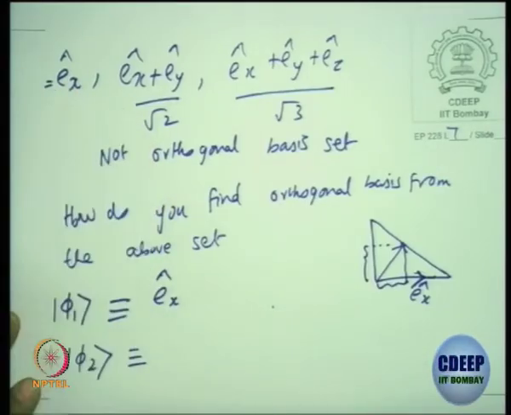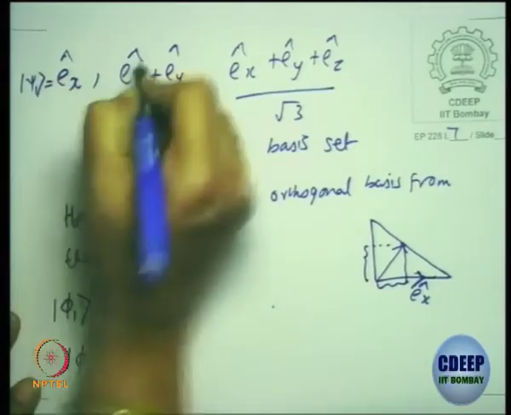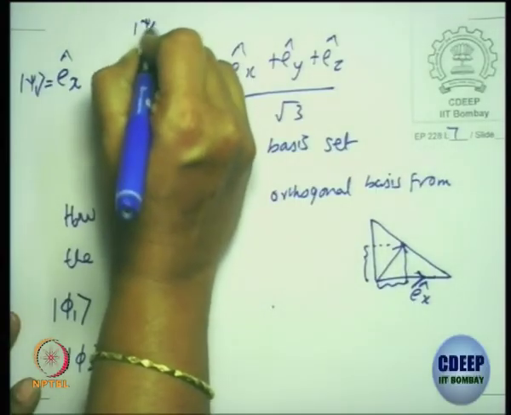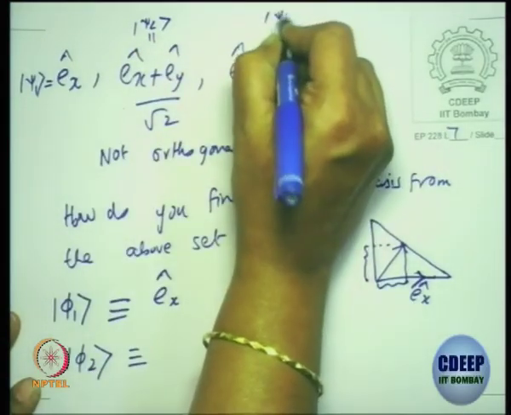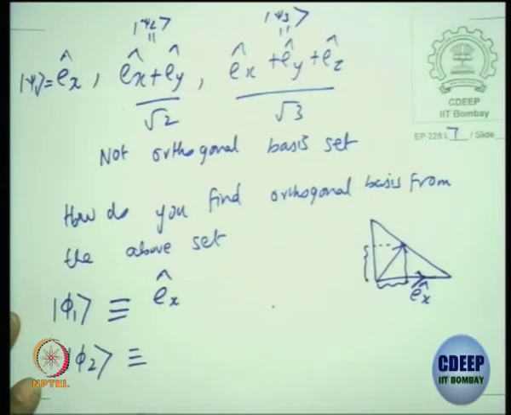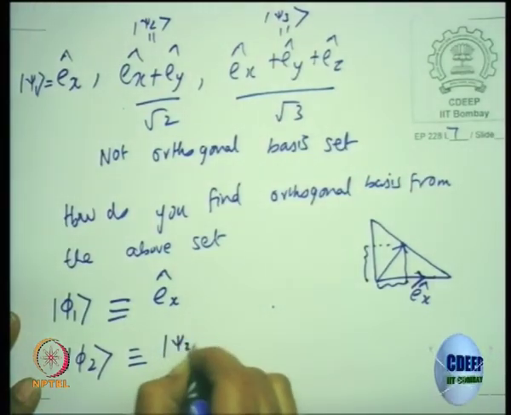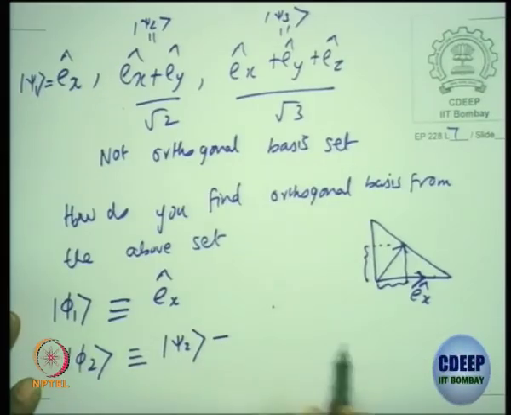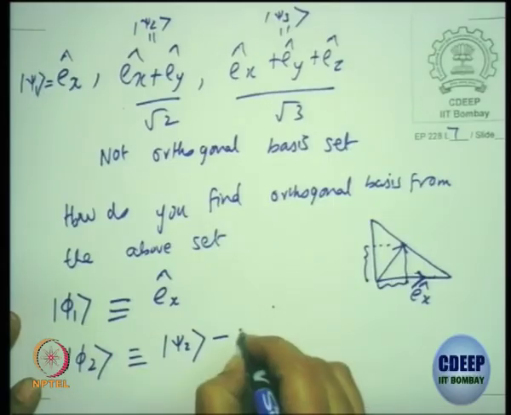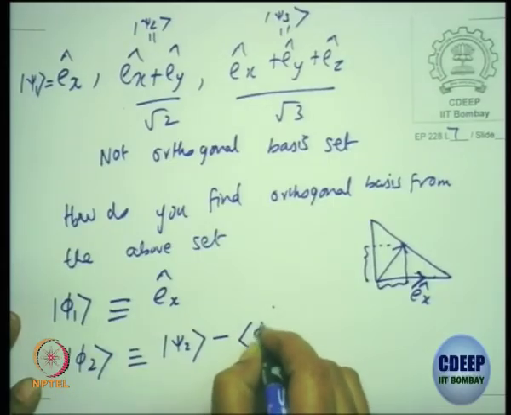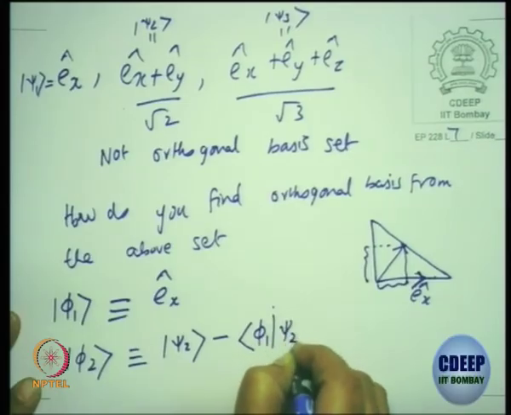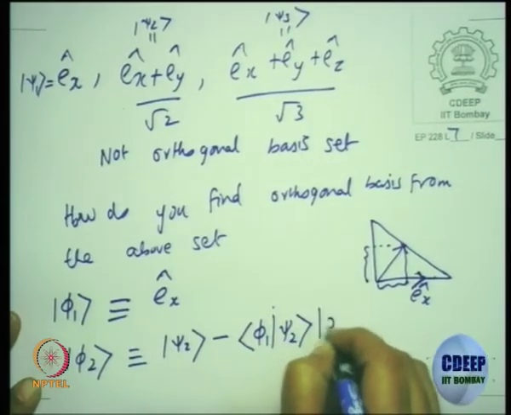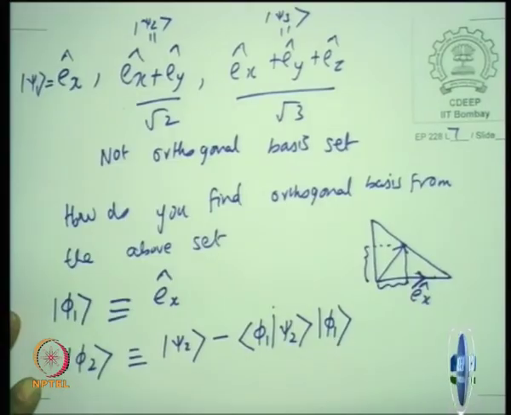So suppose I call this psi 1, this psi 2, this psi 3. Phi 2 will be psi 2 minus the projection we have to do. So you will do with phi 1, take psi 2 along phi 1. Will this be normalized?